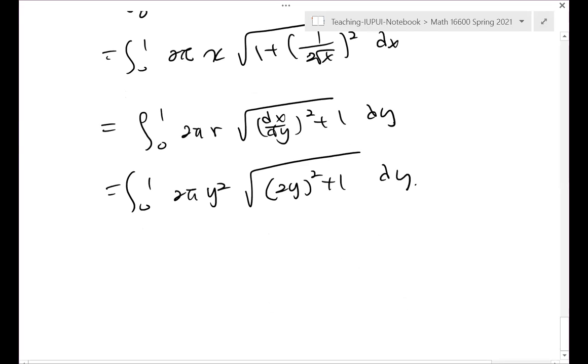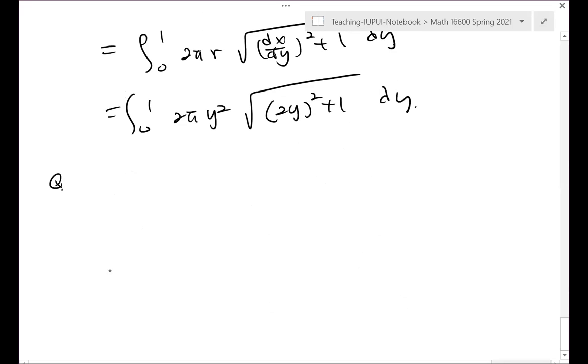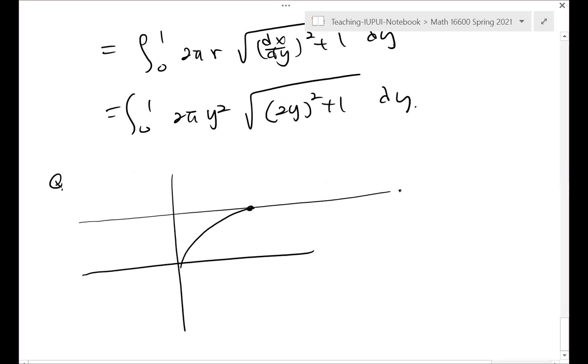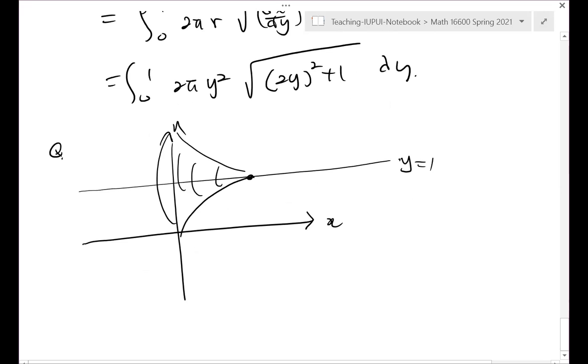All right. So why do we want to understand the general formula? Because if this is a curve, and I want to rotate it about this line, y equals 1, and the rotation is like that, can you set up an integral for the area?